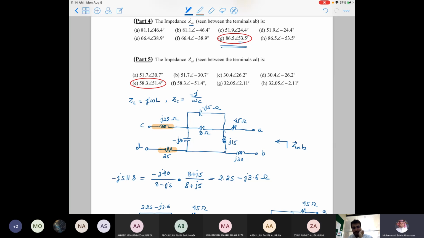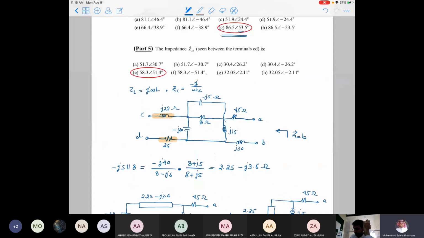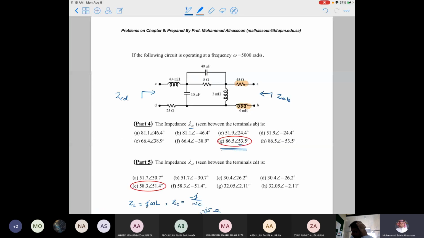Instead of solving all of them, I represented them with impedance. So Z1 is minus J20, which is this one. Z2 is 8.